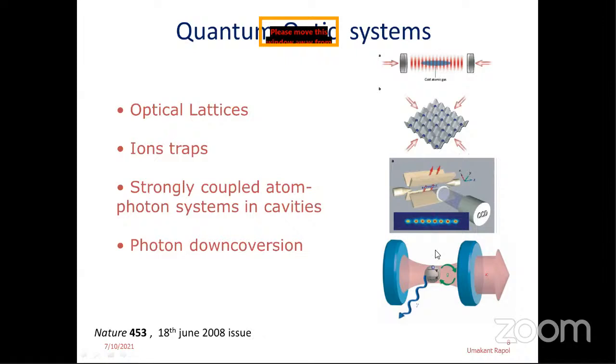So you have an atom and an optical cavity where you confine electromagnetic radiation, and the atomic states or the atomic dipole moment strongly interact with the cavity's field. That is one of the systems.